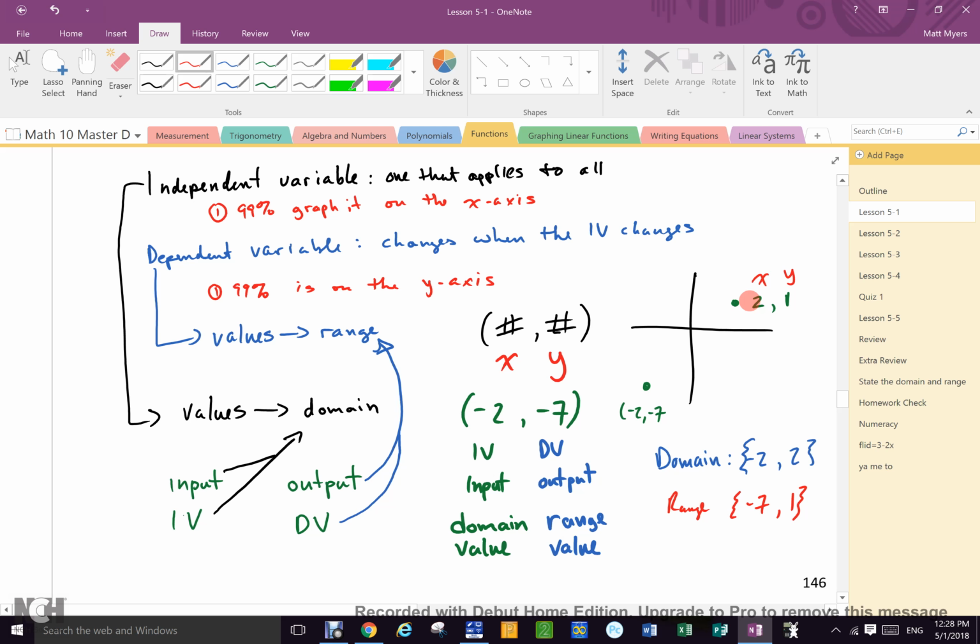Does everybody understand? What happens if I make this line here? Now, do I have inputs all the way along? I do, don't I? Does everybody understand that? Do you have it all the way around? Because I have, what is a line? It's a series of dots so close together they're touching, right?